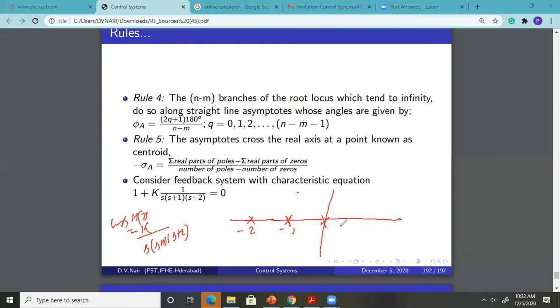Yes, sir, they go to infinity where the open loop zeros are, and terminate there. Correct. So here, when we pointed the direction of their origination at 0 and minus 1, how are you giving those directions, that they face opposite to each other, sir?